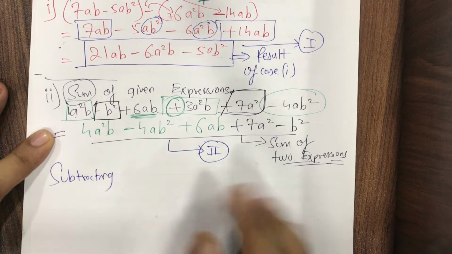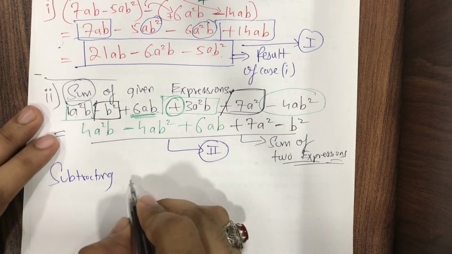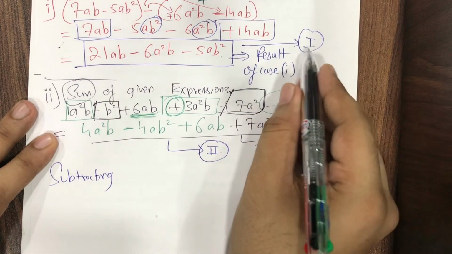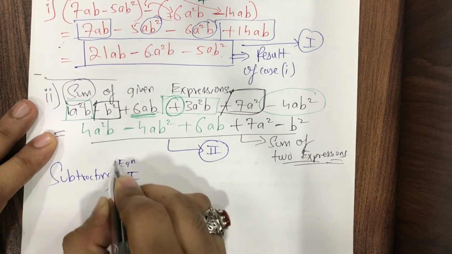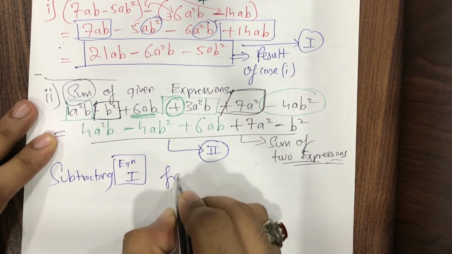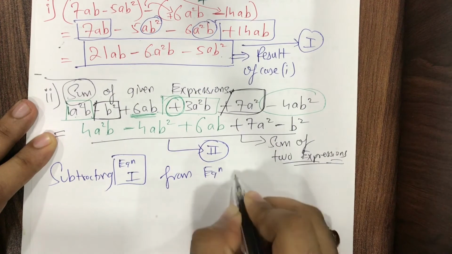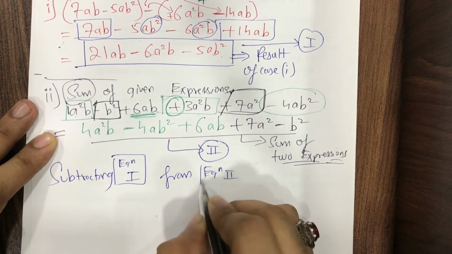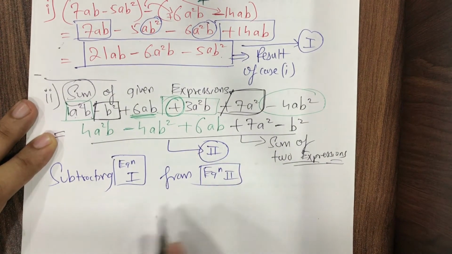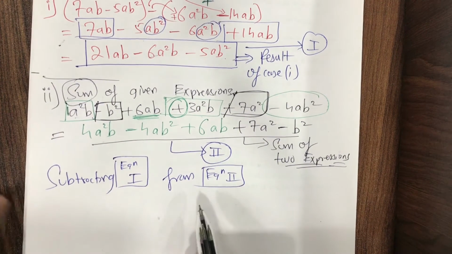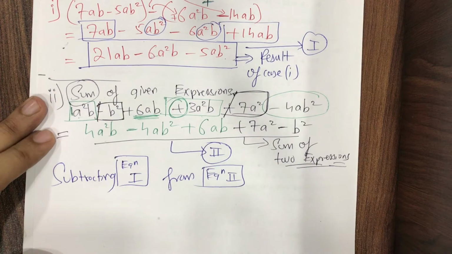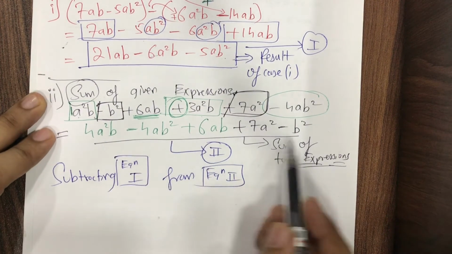Subtracting equation 1 from equation 2. That means first I will write this. Always the "from" part we write first. So first I'll write this "from" part.